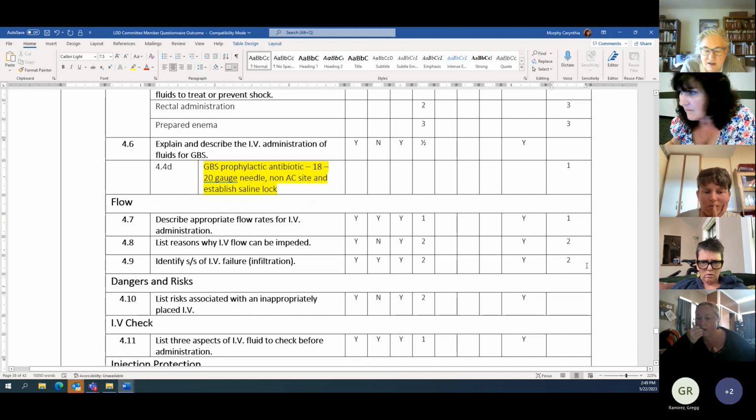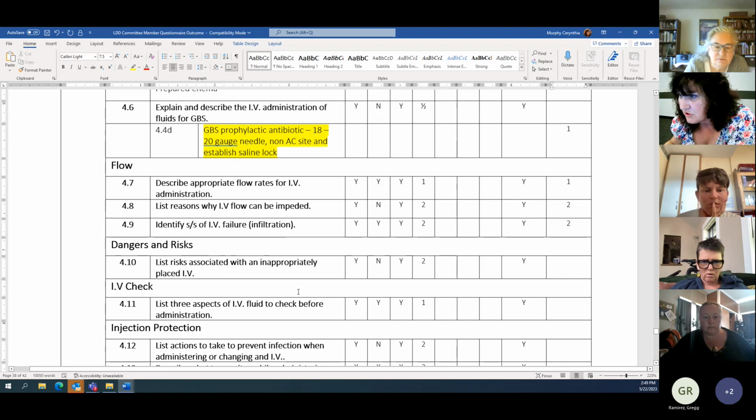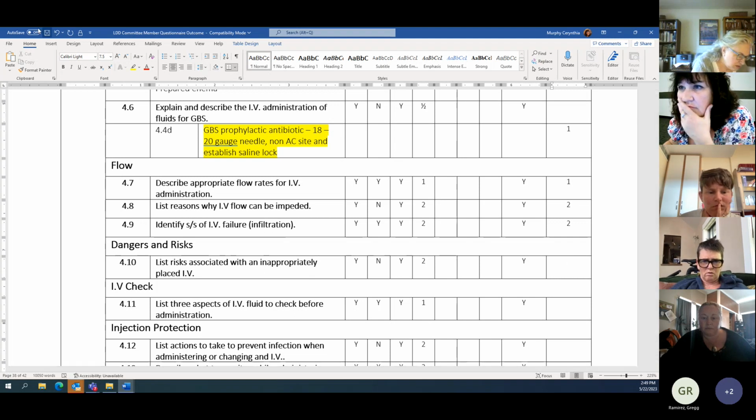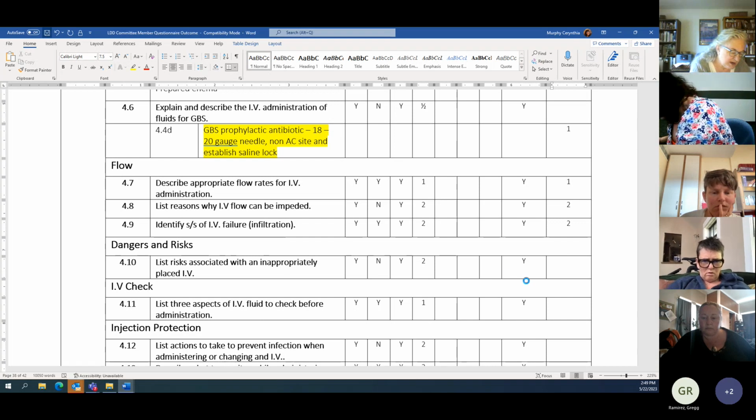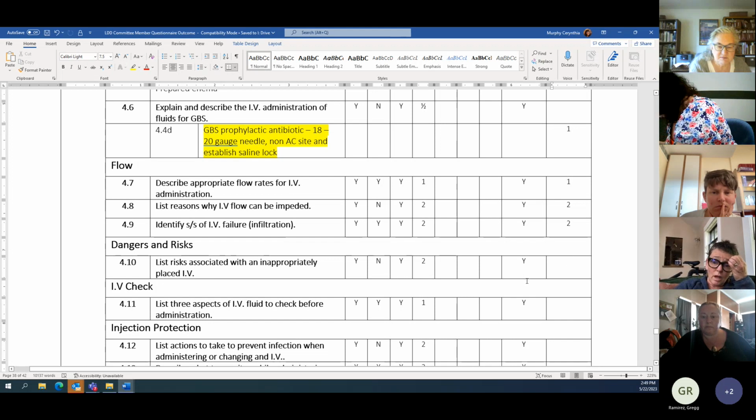I agree. Okay. List risks associated with inappropriately placed IV. Like you can kill her if you do it wrong. We have down for that things like infiltration, hematoma, air embolism, phlebitis, extravascular medication in system, stuff like that.